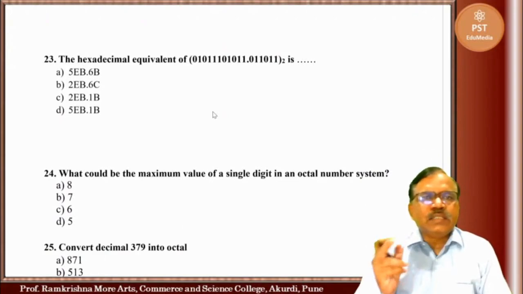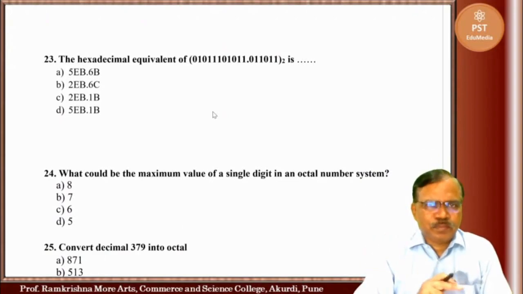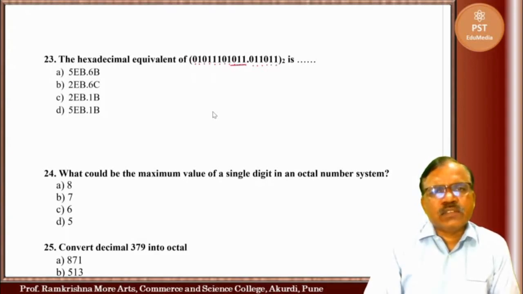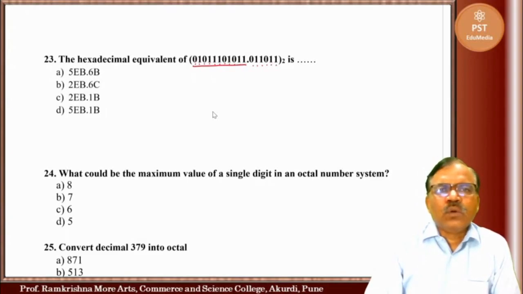Now the hexadecimal equivalent of 0.0111011.01111. Now let us take the first one and group into 4. So here this is the first group, this is the second group, and this is the third one.